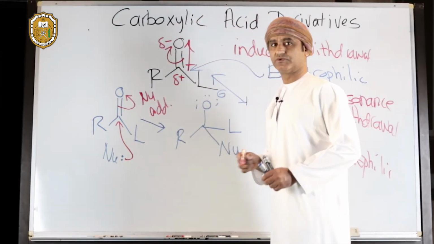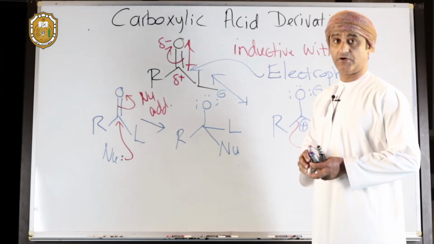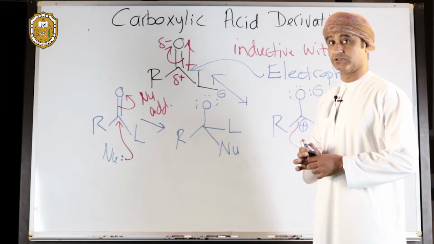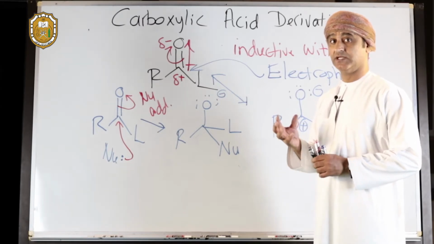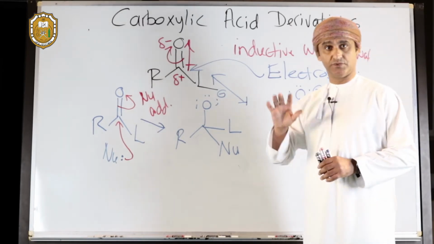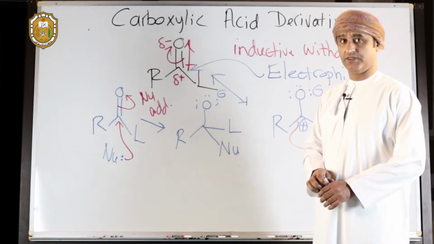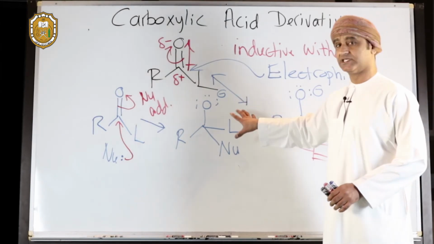And that's so far not really different from the chemistry of aldehydes and ketones, from nucleophilic addition reactions of aldehydes and ketones. But the difference between the chemistry of aldehydes and ketones on one hand and the chemistry of carboxylic acid derivatives on the other is actually in this intermediate.